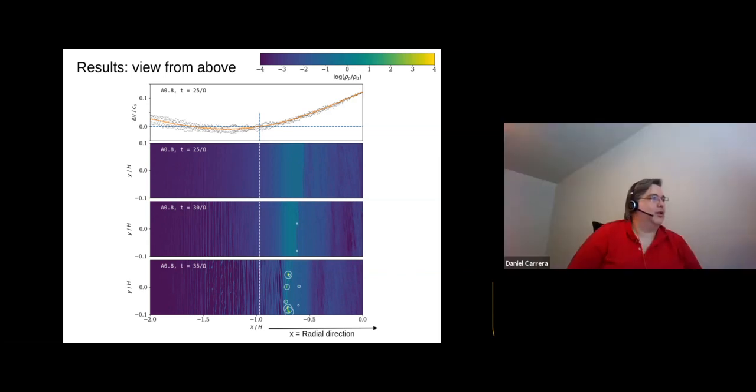Yeah, so let's begin with this one because it will be easy to understand. The simulation has a pressure bump big enough to create a region with zero particle drift. So this dashed line here is an actual particle trap. The particle trap is not the place where planetesimals form, because the streaming instability requires some headwind, requires particles to drift a little.